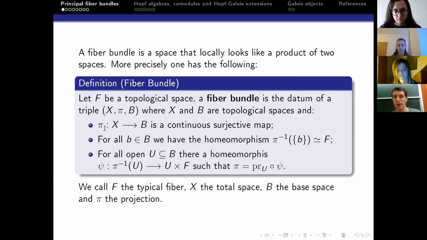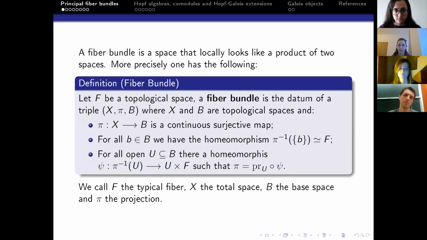So pi is a continuous surjection, and for every point in B, which will be called the base space, the pre-image is homeomorphic to the typical fiber F. For any open U in the base space, we have a homeomorphism from the pre-image of U into the direct product U times F. This is the formalization of the sentence above, so that locally it is just a product.